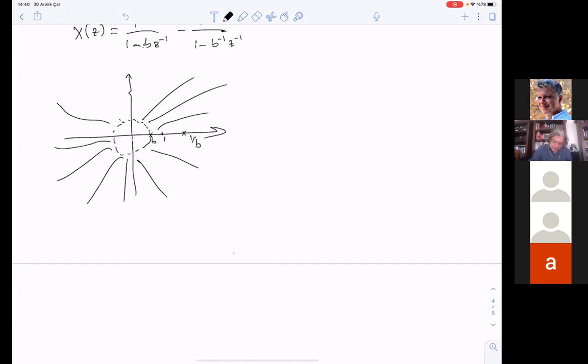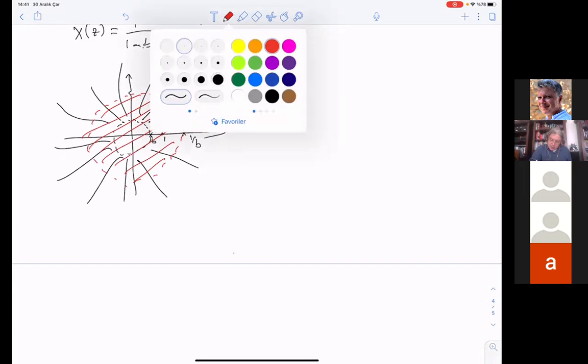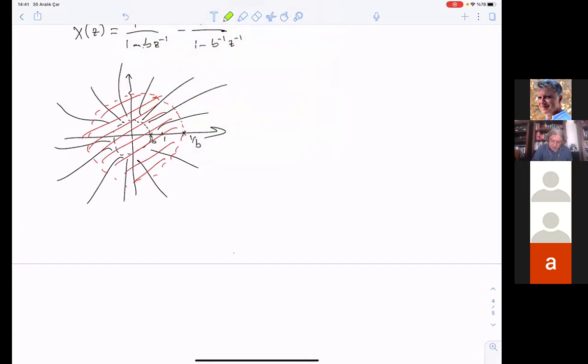For the first part, let me draw it. And then we have a 1 over b radius, like this. And it's to the inside of this 1 over b, which will be this disk. Okay, and the intersection of the two would correspond to the actual region of convergence, which is this disk.